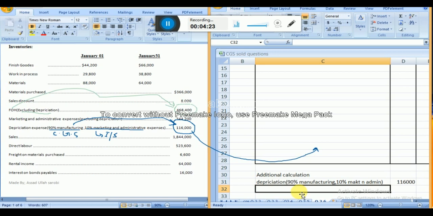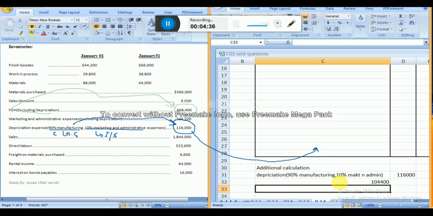Clear? So how will I calculate the 90%? So 90 divided by 100 multiplied by 1,16,000. That is equal to 1,04,400.